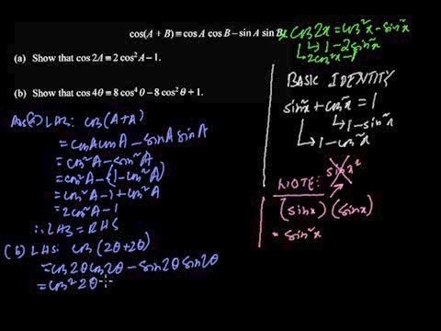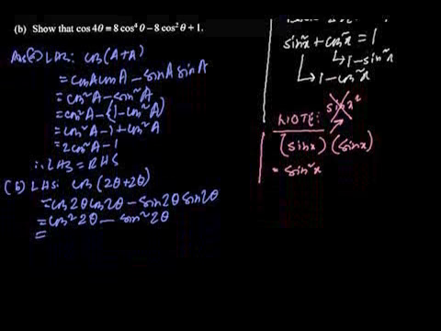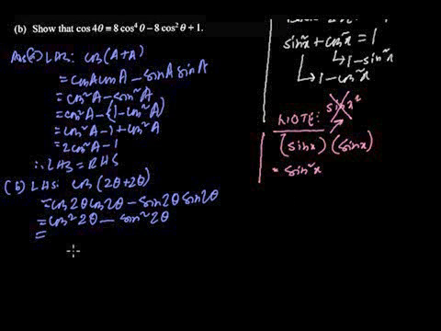We're going to follow the guidance of the question. So we can write cos 2 theta as 2 cos squared theta minus 1, and this whole thing is squared. So 2 cos squared theta minus 1, all squared. Of course they used A here, and here they're using theta. That's completely fine. Minus sin squared theta.